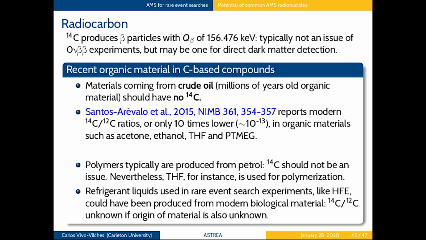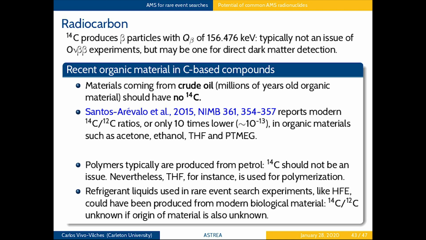The problem is that it's assumed a lot of times that all the polymers you're using are coming from crude oil. Crude oil is a fossil, it has no C14, so in this case it wouldn't be a problem.